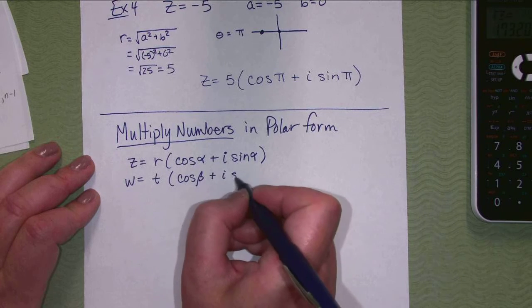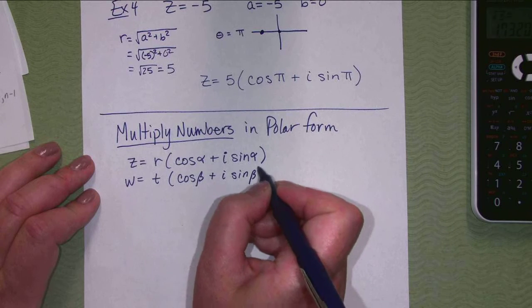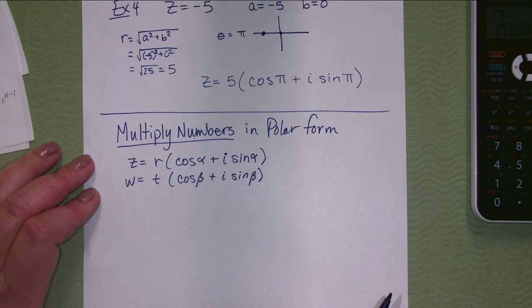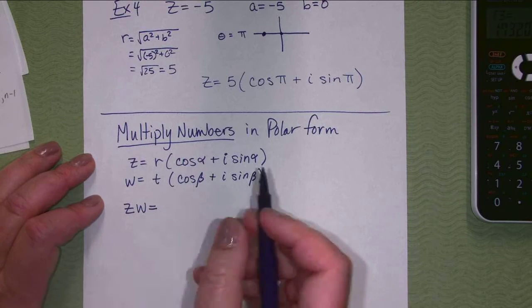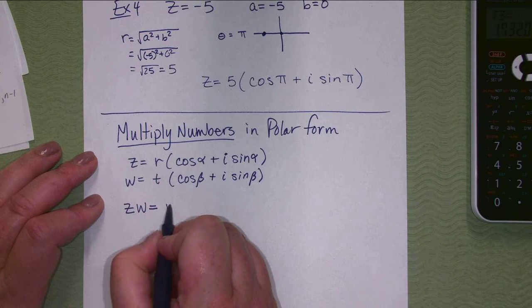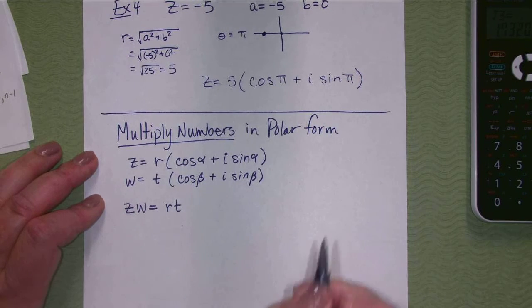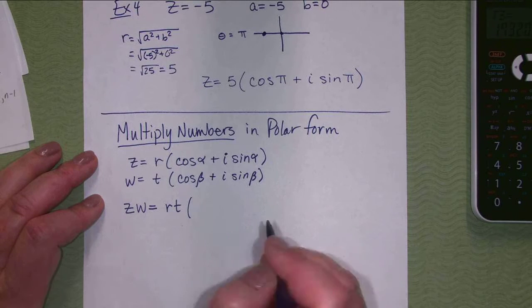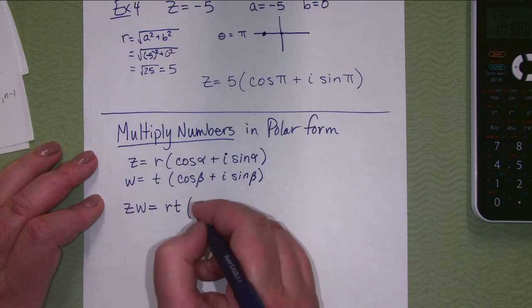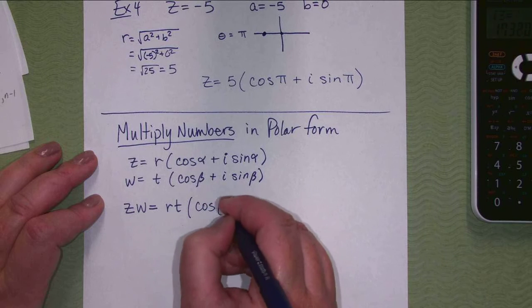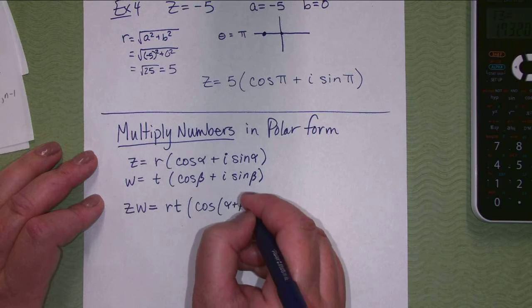So two different complex numbers. And if you want to multiply Z times W, you multiply R times T, so that part's easy, and you add the angles. So it's cos of alpha plus beta plus i sine alpha plus beta.